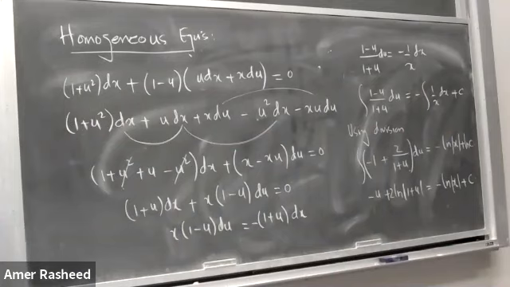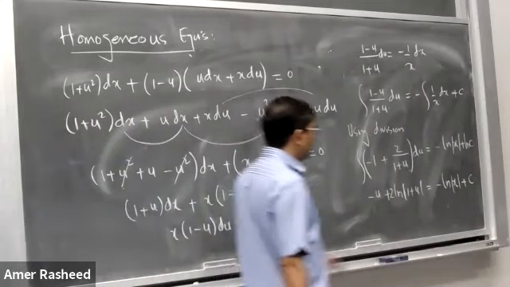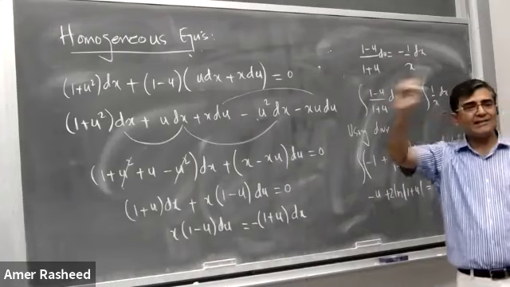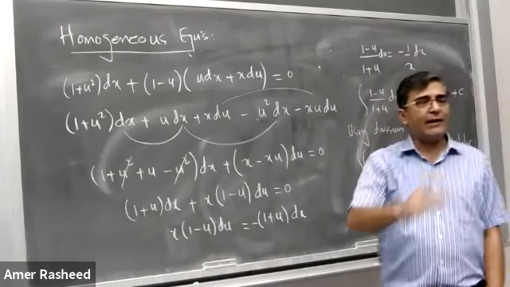Once you have the solution, then you can put y is equal to ux. You have to eliminate u from here in order to get the solution in x and y, because the original equation is in x and y. The solution should be in x and y.